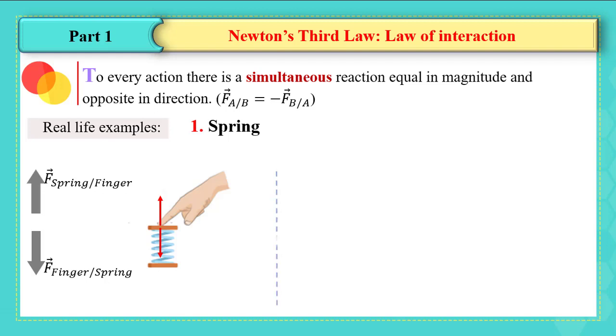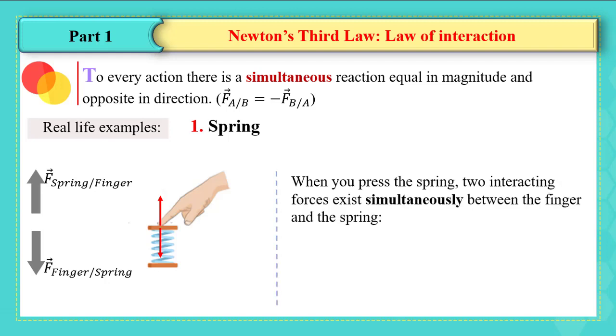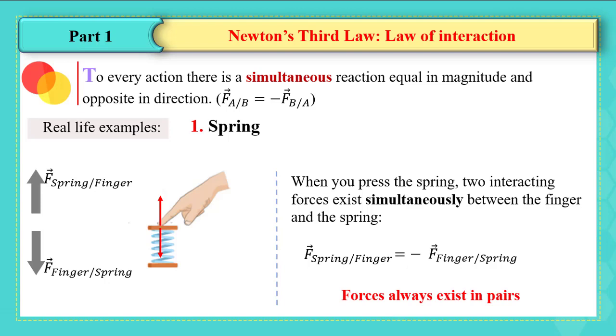We say that simultaneously there exist two interacting forces between the finger and the spring. Thus, the force exerted by the spring on the finger is equal to minus the force exerted by the finger on the spring. It's clear that forces always exist in pairs.